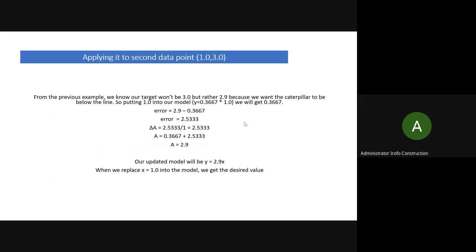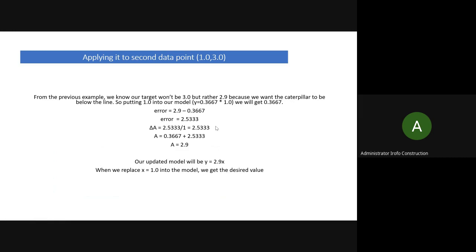Because when you check this formula here, to improve our A, you just divide the whole error by the X and take the whole value here. But instead of taking the whole value for this A, the change of A, we just want to take some of this value. To take some of the value, we need to multiply it by a number less than 1.